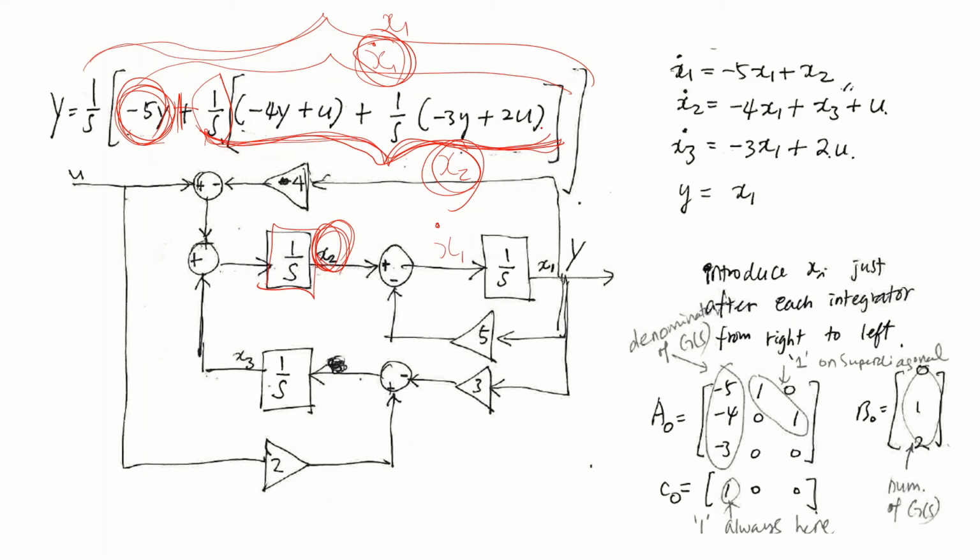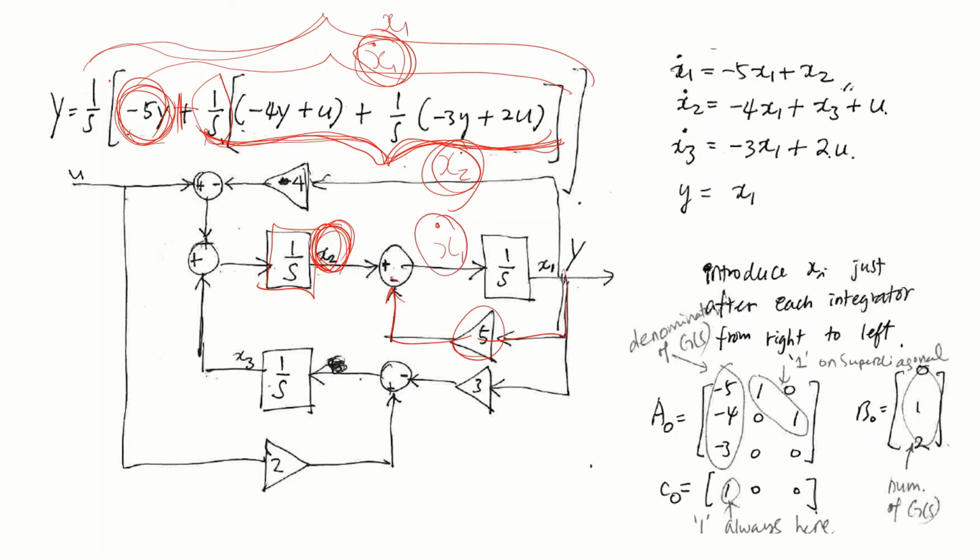The whole thing is x2. I mean, this is just a way of defining state variables. So x2 here and 5 times x1 with a negative sign will be x1 dot. So that makes sense.